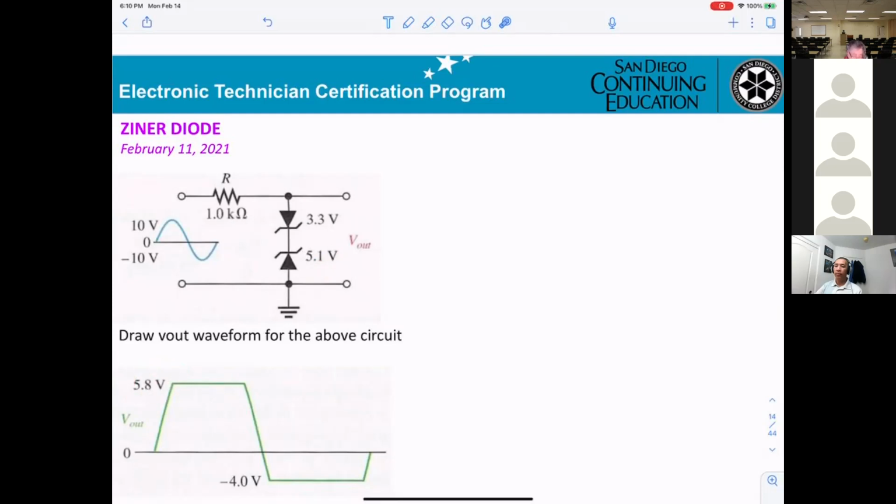And for the negative, the one right here will be in breakdown, 3.3. And also this one will be on normal. So that's why 3.3 adding 0.7, you get minus 4 volt.